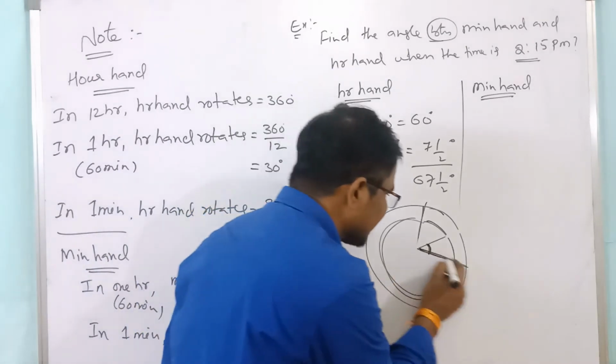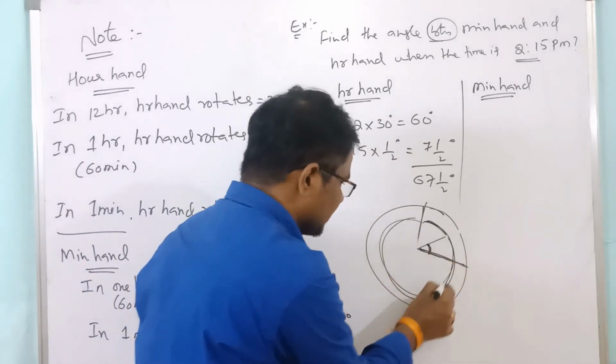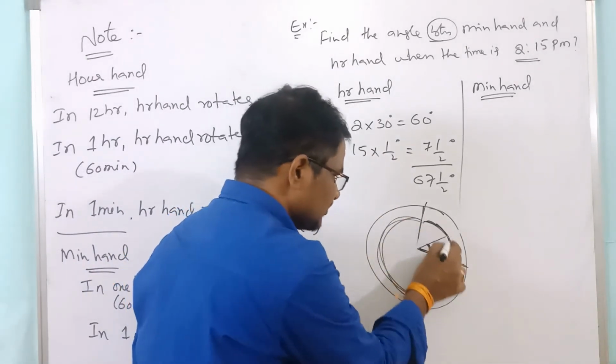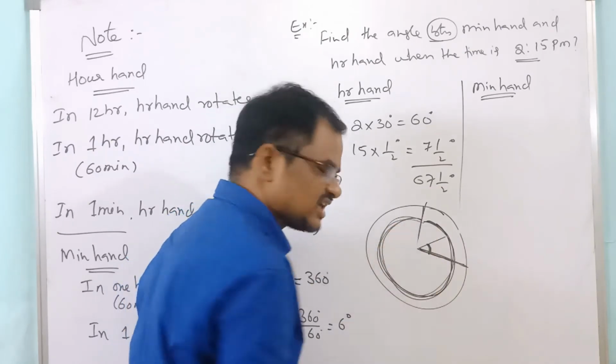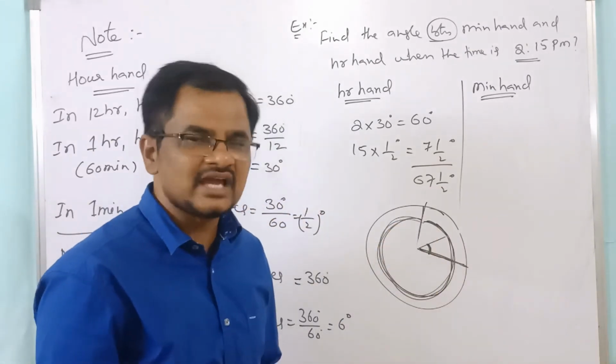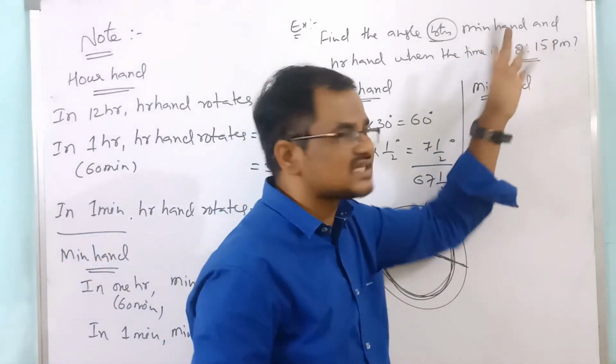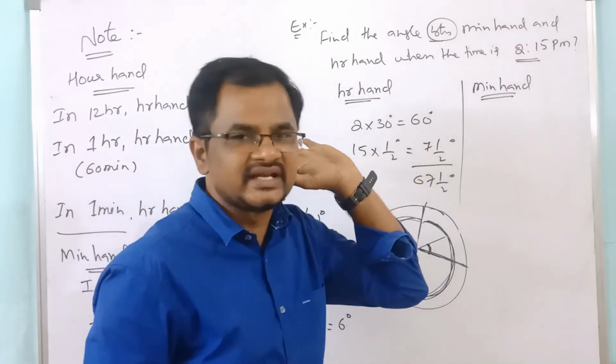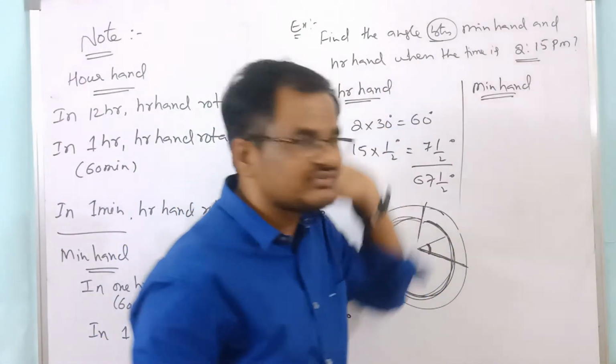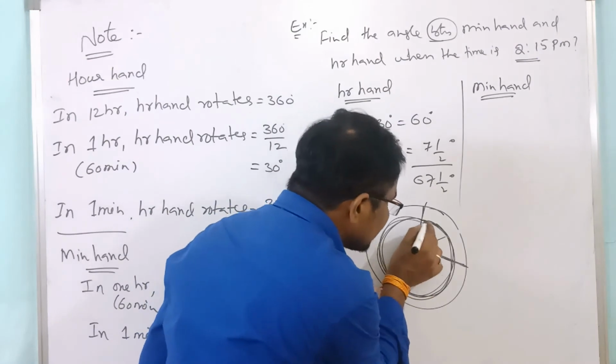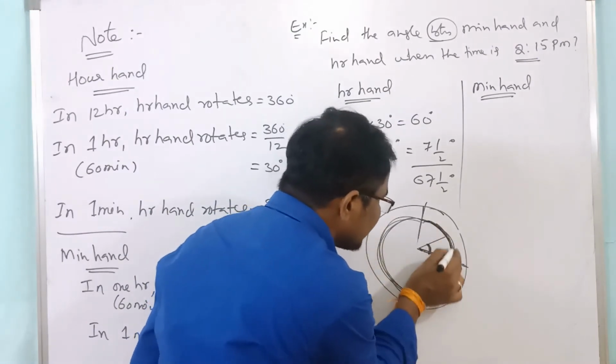This is the minute hand, means it completes one revolution, one rotation, for the 1 hour. The second hour also has the same rotation. So that's why we won't consider these hours for the minute hand, right? Only we will consider the 15 minutes, because from here to here, that angle only we have to take.